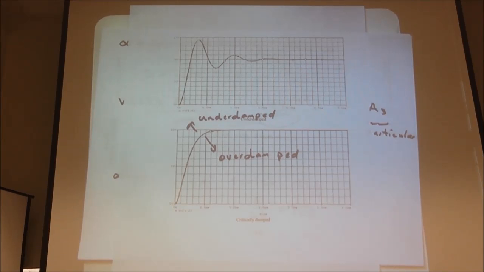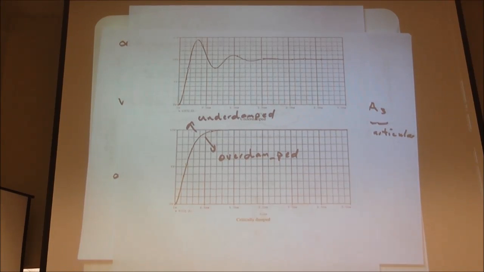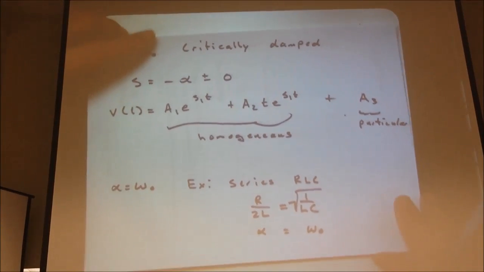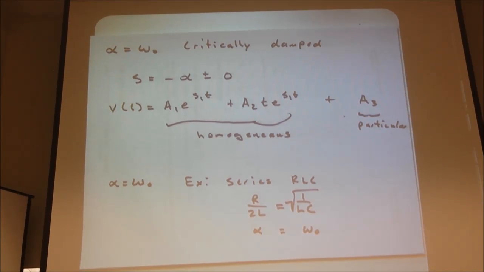And so really that's what the critically damped case is. It's the boundary between overdamped and underdamped. As a graph, it looks kind of like overdamped. In a physical sense, it doesn't exist. In a mathematical sense, it means I give you more problems. So this is a special case.